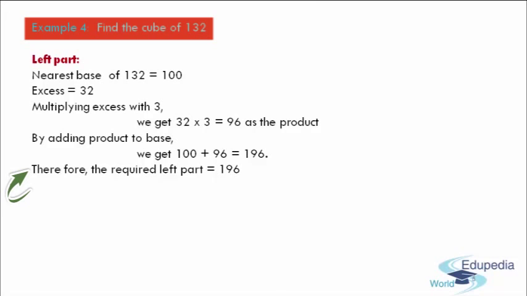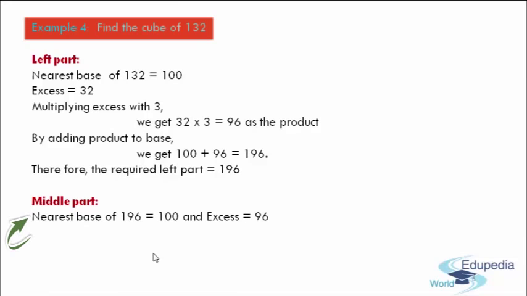Now after completing the left part, moving to the process of the middle part, the first step is, by taking the left part answer we have got, we have to find the nearest base. The nearest base of the number 196 is 100 and the excess of 196 over the base 100 is 96.